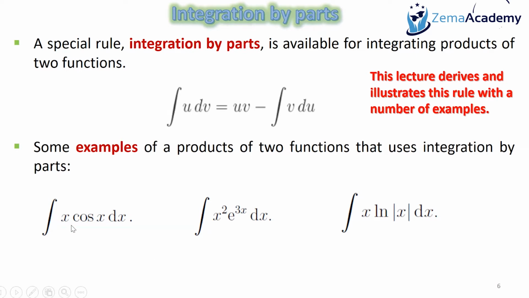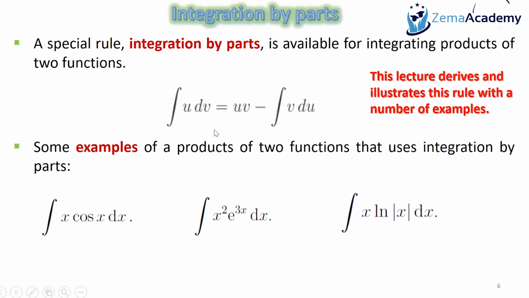So these are the examples that I have shown you previously. Now, if you look at these examples with the help of this formula, you can see that somehow you can relate this formula with these examples.